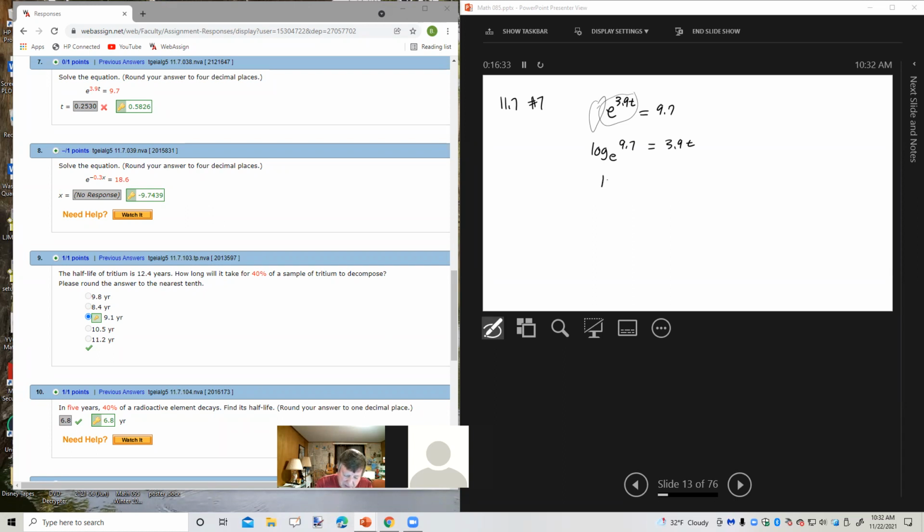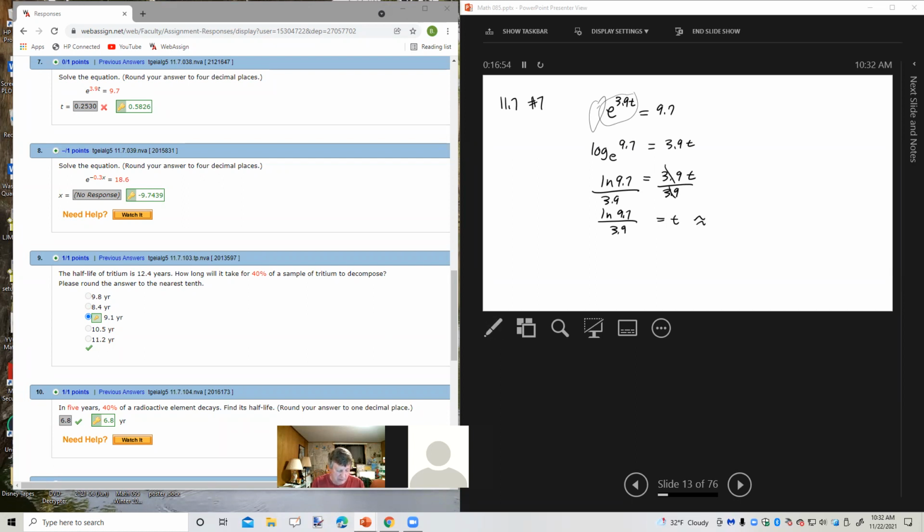But log base e is natural log, so we got the natural log of 9.7 equals 3.9 t. Dividing both sides by 3.9, we get t equals the natural log of 9.7 divided by 3.9.